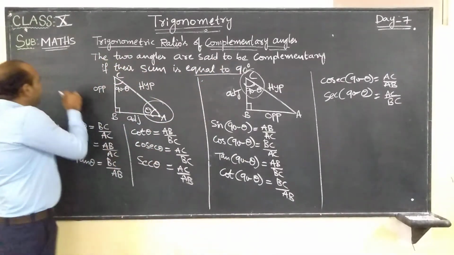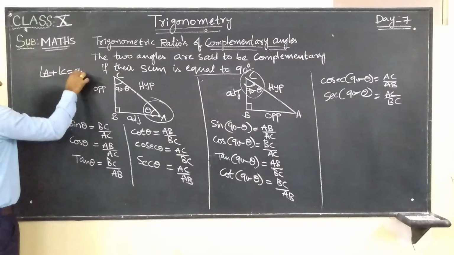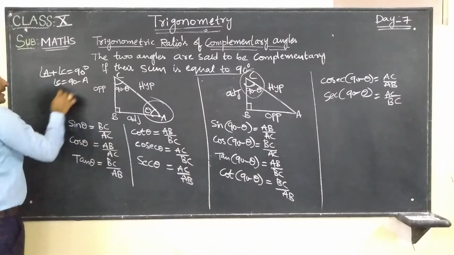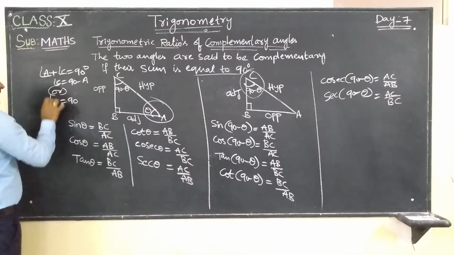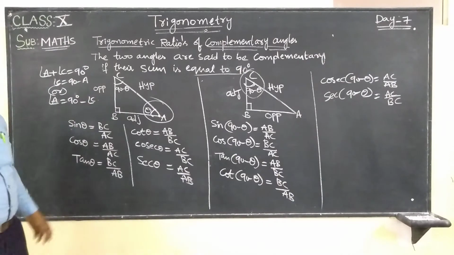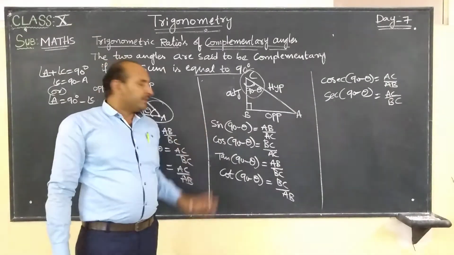So what we discussed earlier, angle A plus angle C is equal to 90 degrees. So angle A is equal to 90 degrees minus angle C. So angle C is nothing but 90 minus theta also.